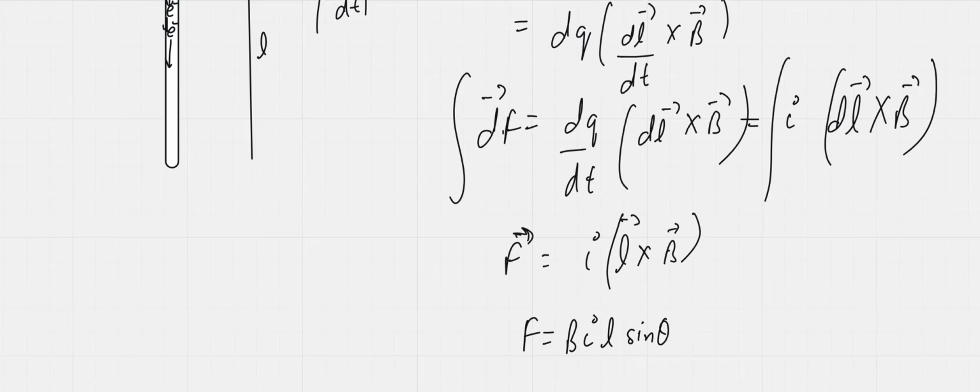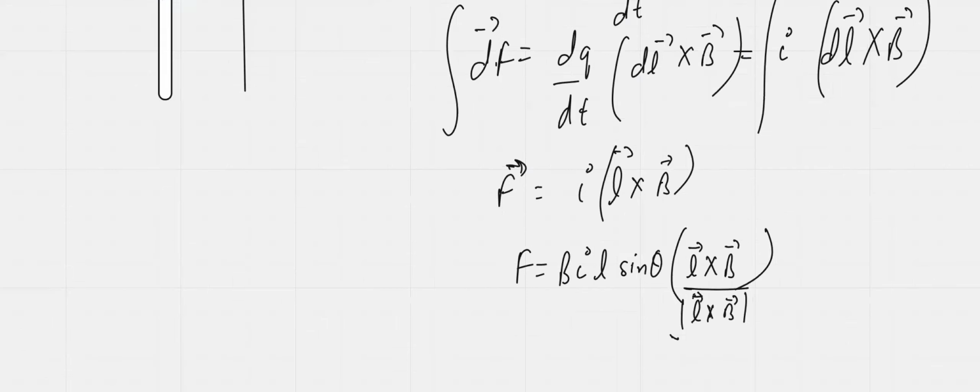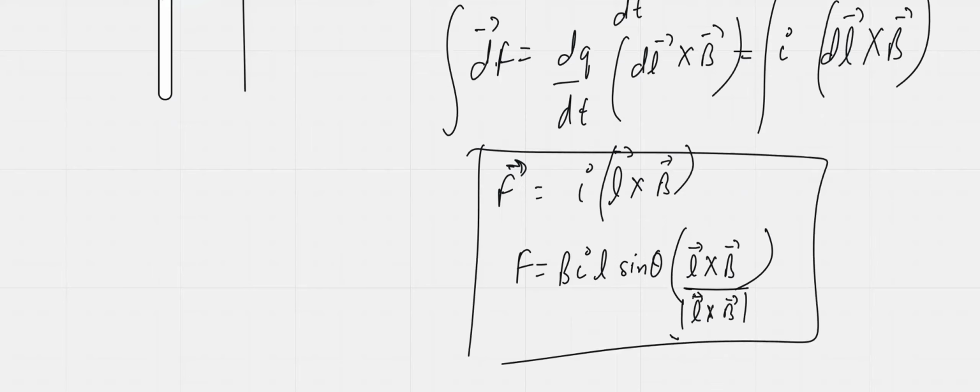Or in another way, you can write this as L vector cross B vector divided by its magnitude. This is nothing but the direction of the force. You don't have to get confused with this. So, Kirtana, if you have any doubt, please let me know. Otherwise, we are done with this small topic.